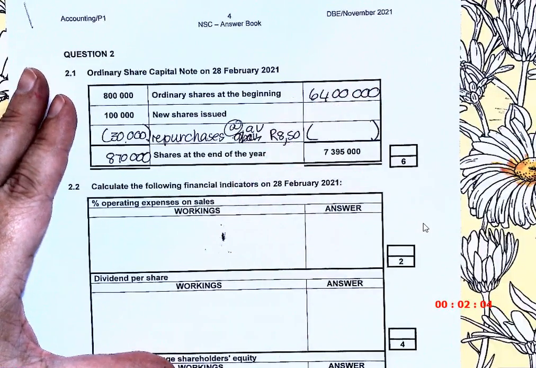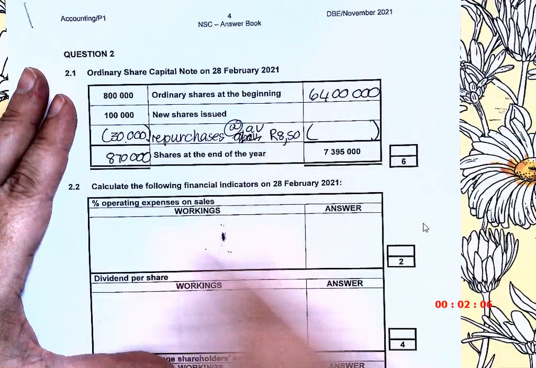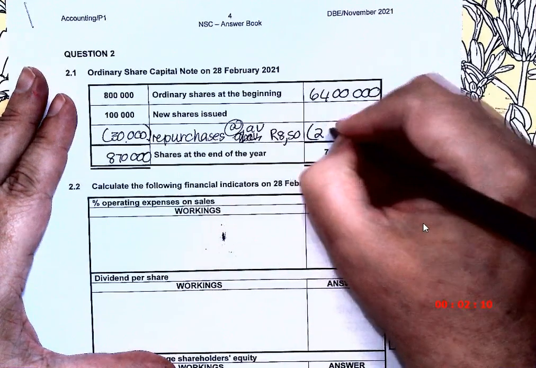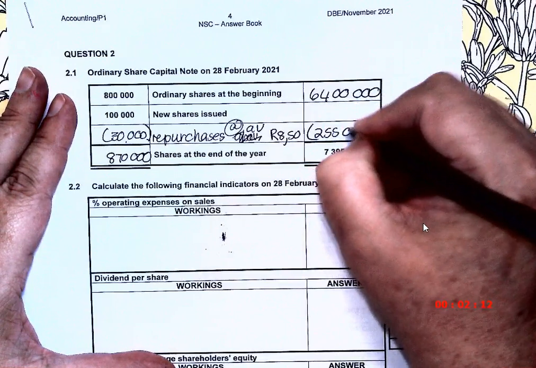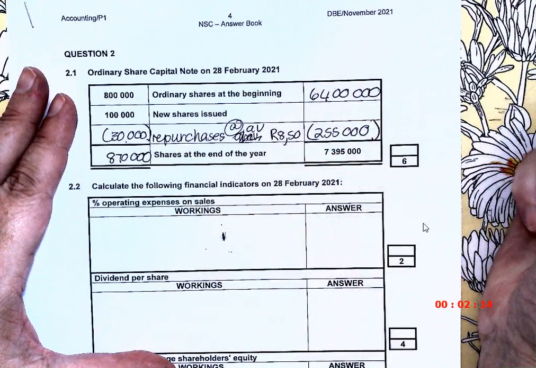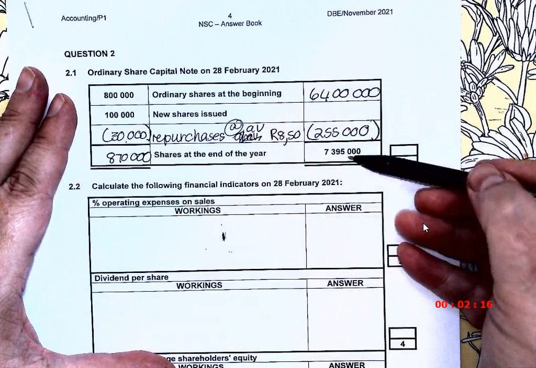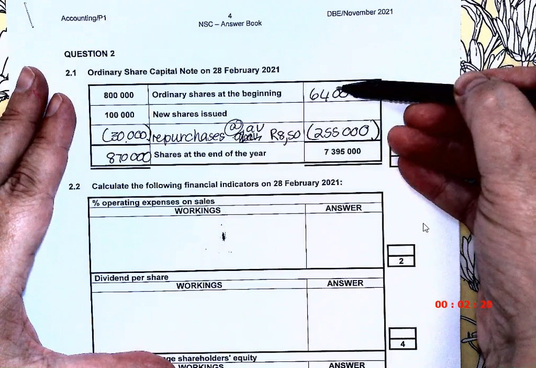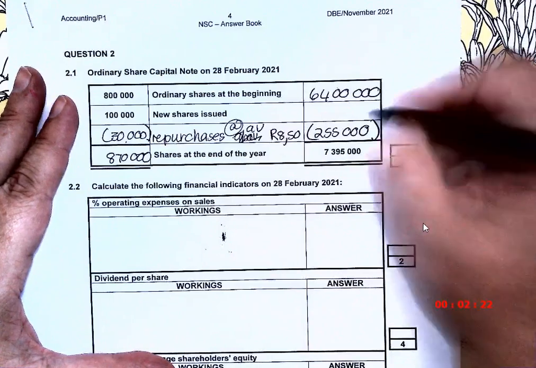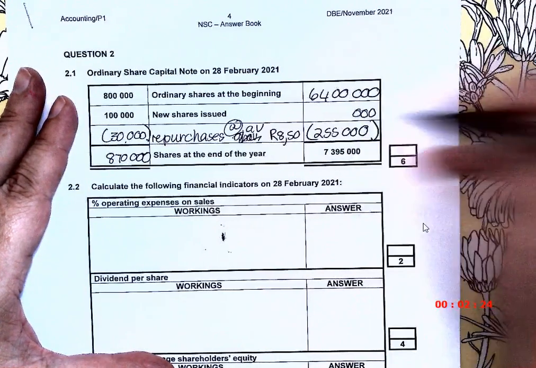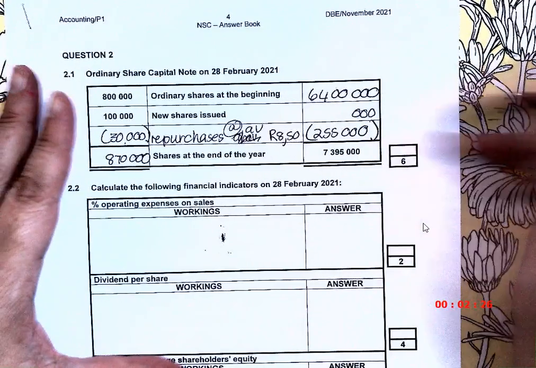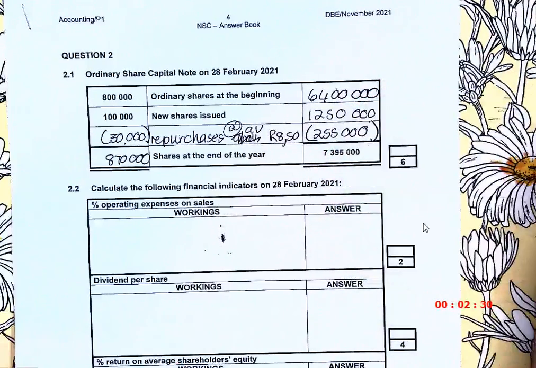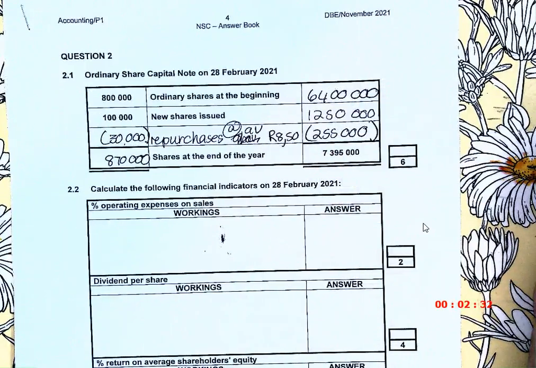Remember your brackets. 30,000 times 850 gives me... And now I reverse. So 73 plus 25 less 64 gives me 80.